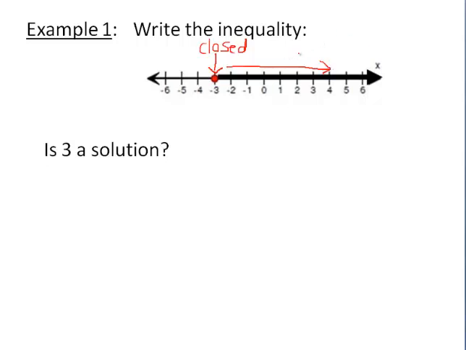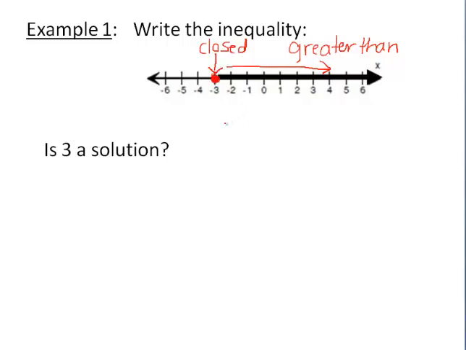When it goes to the right, that means that it is everything that is greater than that number. Because again, look at the numbers. They are getting bigger. And so you're going to include all the numbers that are greater than that -3 and equal to, because this is shaded in.